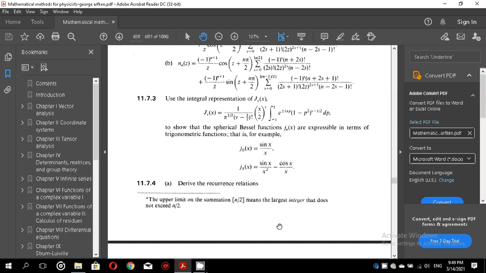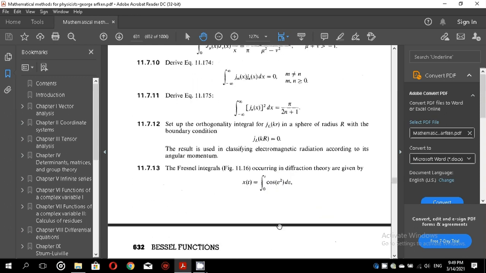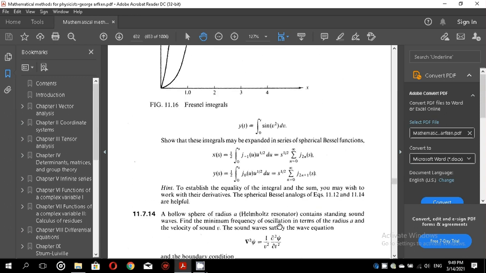Okay, so I think that's all as far as the Bessel's functions are concerned. So we have concluded our chapter in which we have discussed the solution of the Bessel's differential equation in much detail, because the Bessel's functions are very common in our physical problems.